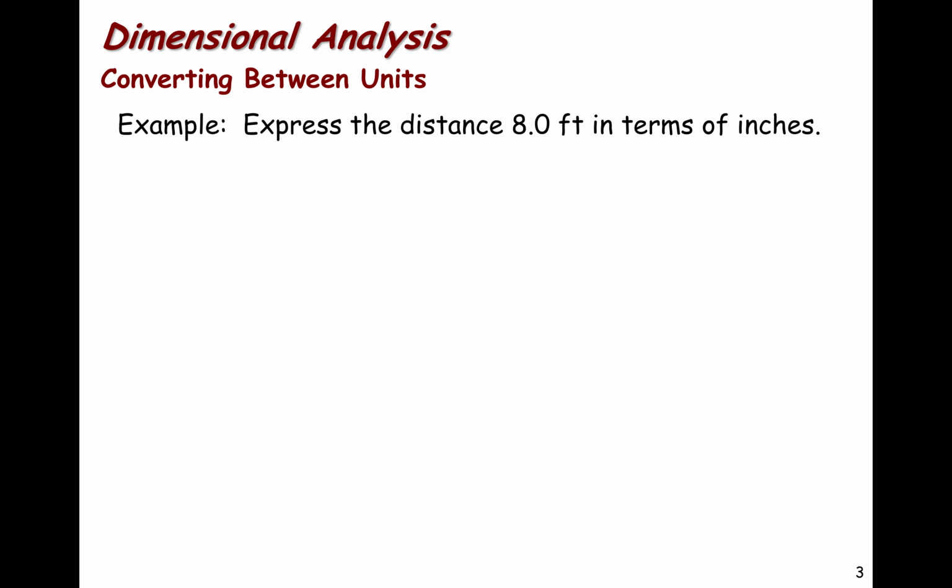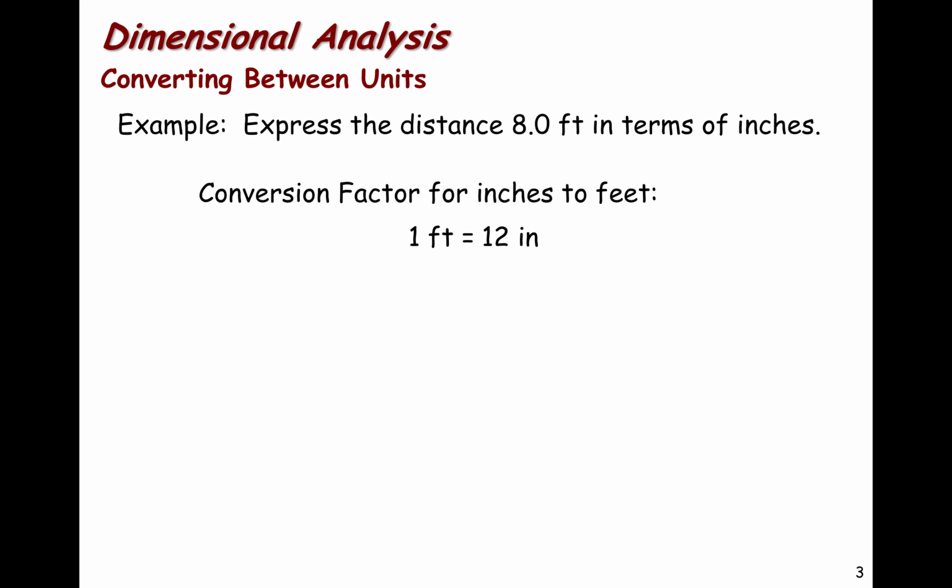So we would start with the 8 feet, and we need to know some sort of conversion factor. The conversion factor is 1 foot is equal to 12 inches. We can rearrange that equality, of course, and use it as our conversion factor. So take our 8 feet, multiply by the conversion factor, which states that there are 12 inches per 1 foot.